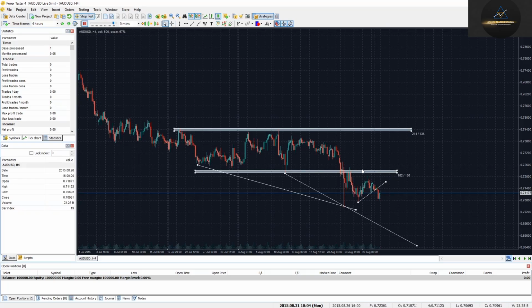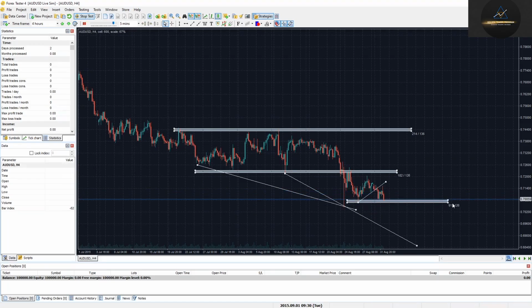Yeah, this high is really important. Let's just keep going. Waiting for this high to get taken out, or these lows. We've got relatively equal lows here now. Here we go. So let's see what happens.